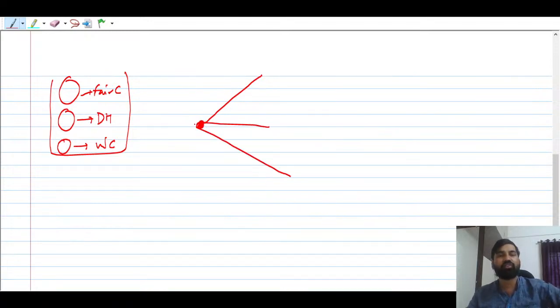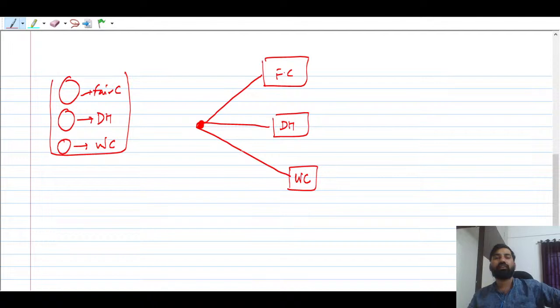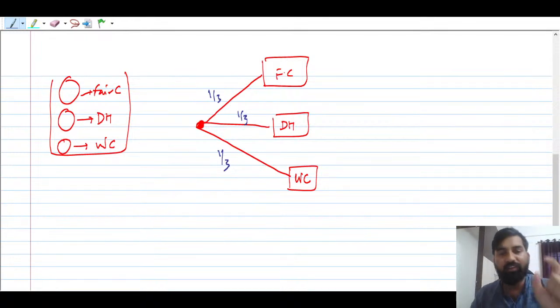You can take the fair coin, the doubly headed coin, or the WC, the weighted coin. So what will be the probability of picking up a coin from the box? That is 1 by 3, 1 by 3, and 1 by 3. I think this is clear for all. So these are the initial beliefs.